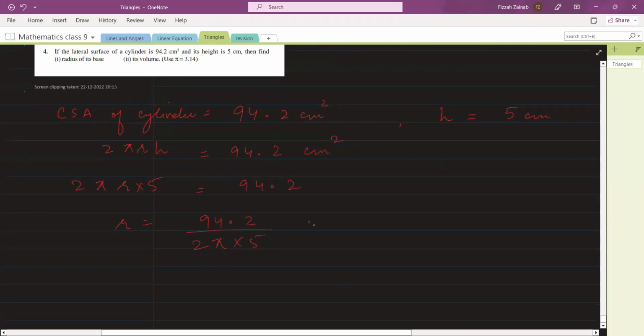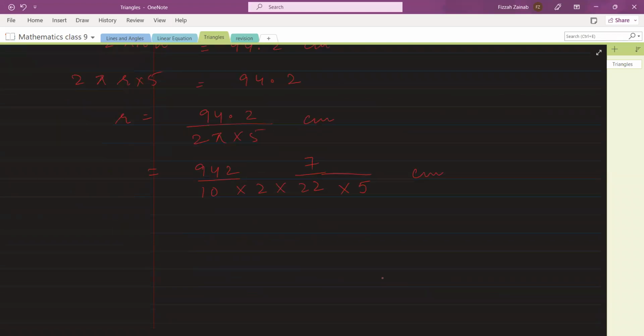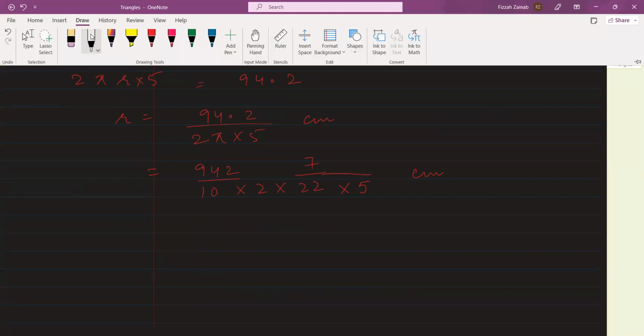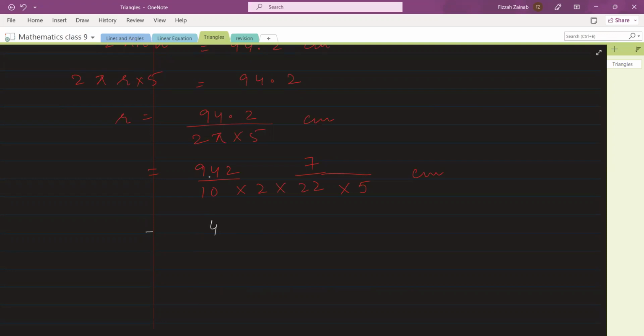And this is going to be in centimeter. Now you can simplify this. So first you remove the decimal, 942 divided by 10, right? Then you have 2 into pi, that means 22 over 7, and then 15 you have, right? Now simplify this. So you can reduce it from 2 first of all. 2 into 4 is 8, 14.